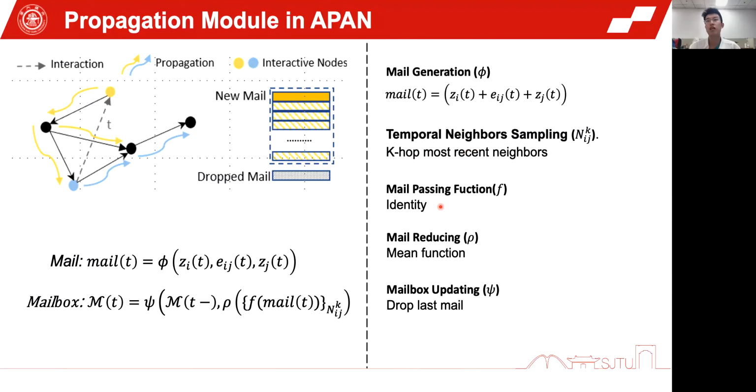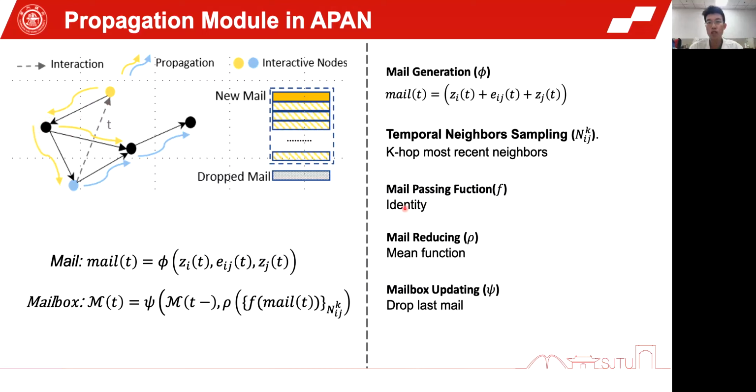So let's talk about the third one, the mail passing function. After determining the propagation boundary in this part, we need a function used to define a reasonable mapping mode of mails, which means how the mail does message passing through the graph.